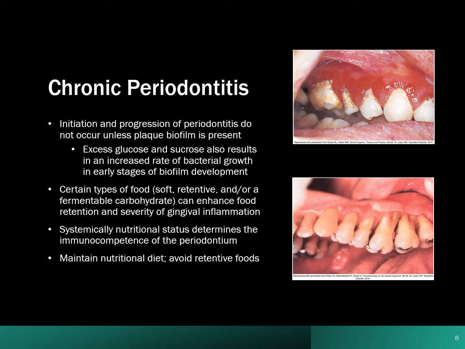Systemically, nutritional status determines the immunocompetence of the periodontium. That's pretty straightforward. If you're healthy, your periodontium is healthier. Maintain a nutritional diet and avoid retentive foods. So that would be the recommendation there, right? Is to have variety in the diet and to avoid foods that will stick to our teeth.